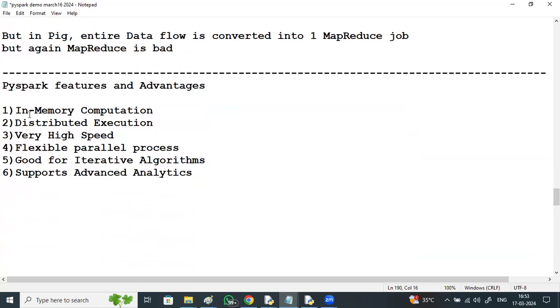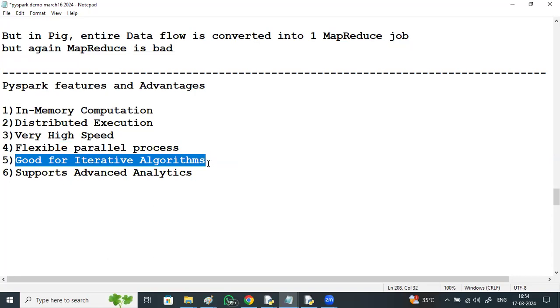So: in-memory computation, distributed execution, very high speed compared with other processing technologies, flexible parallel processing, and good for iterative algorithms. Most ML algorithms are iterative.